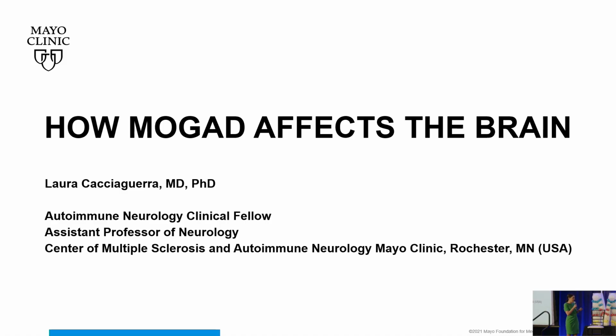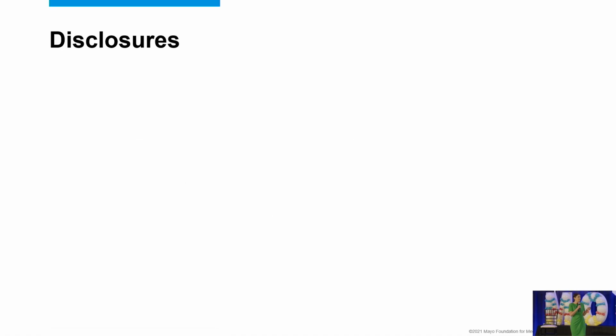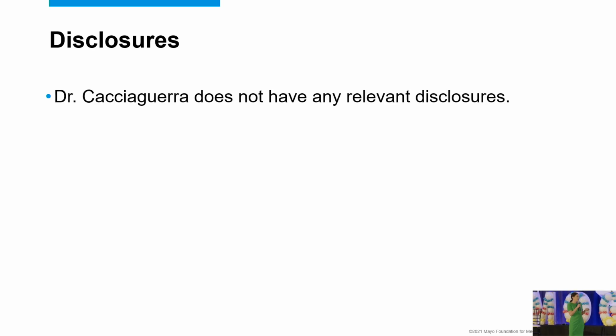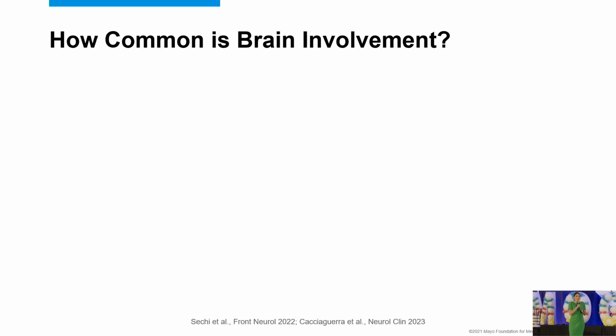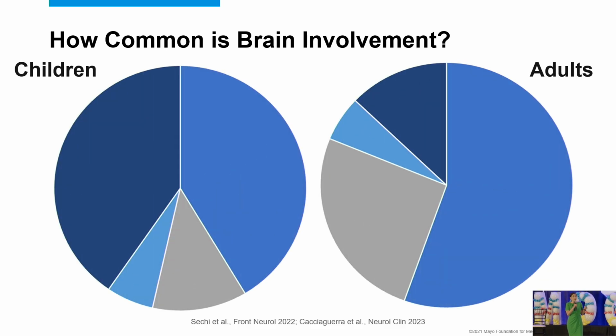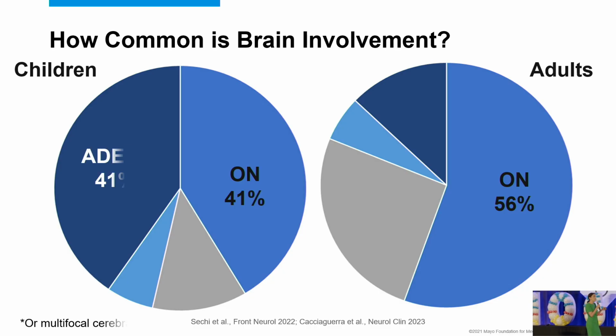So I'm going to talk a little bit about how MOGAD can affect the brain. I don't have disclosures. I think the first question is how common brain involvement is. We've heard from Dr. Chen that the most common presentation in both children and adults is optic neuritis. But if we look at the charts here, you see that the brain is fairly commonly involved too, especially in children.